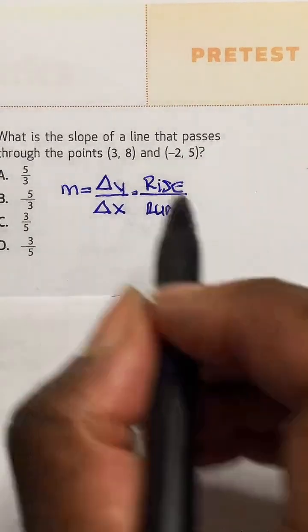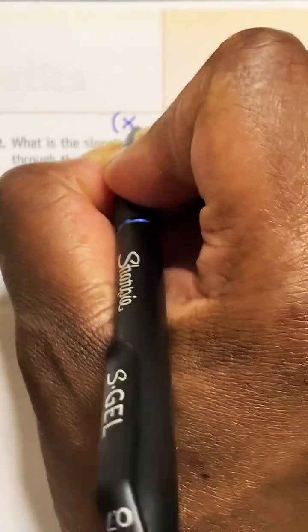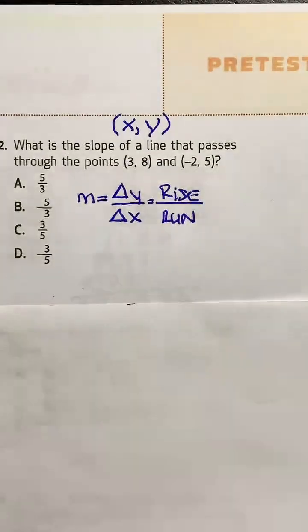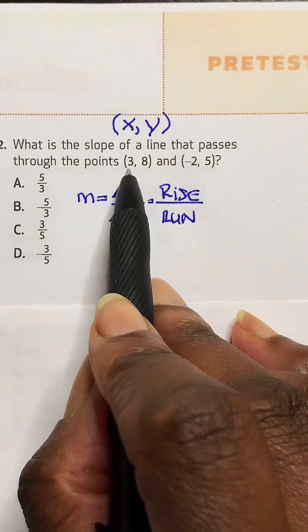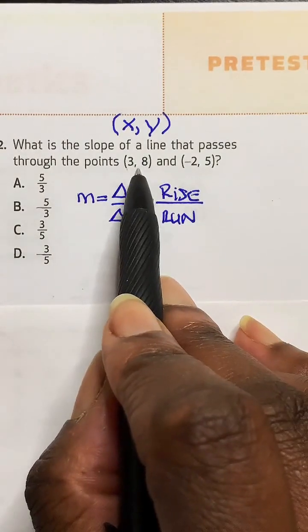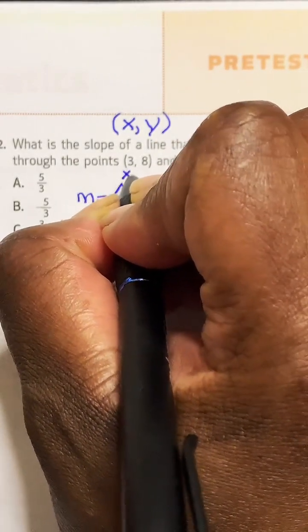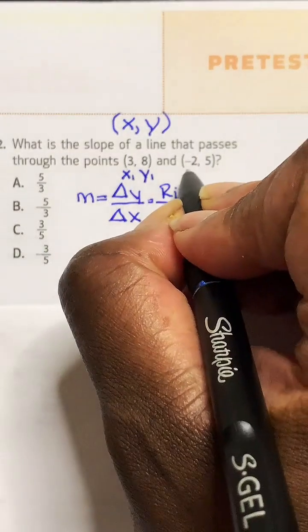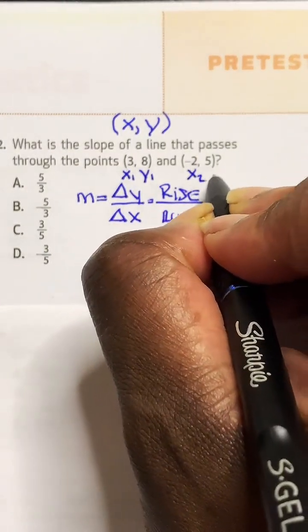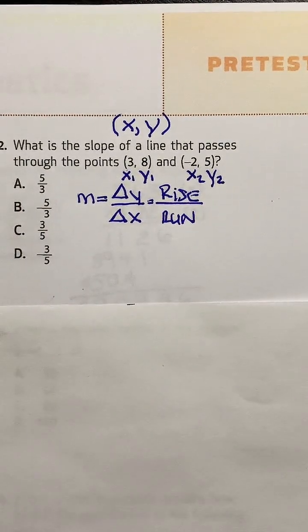So when you look at ordered pairs, just like a regular alphabet, you have your X values, then you have your Y values. Since we read from left to right, this is the first point that I see. So this is going to be my first X and my first Y. Then this is going to be my second X coordinate and my Y coordinate for the second point. That's what the little numbers are for.